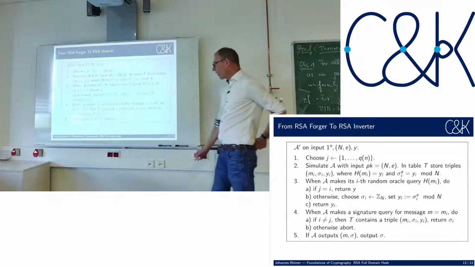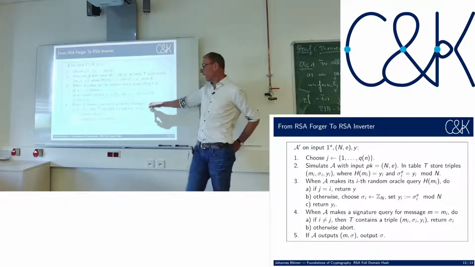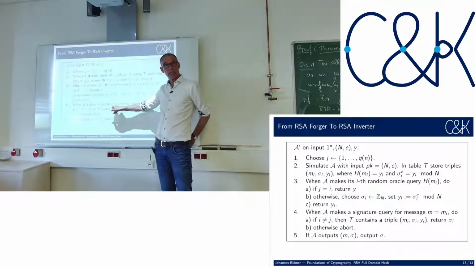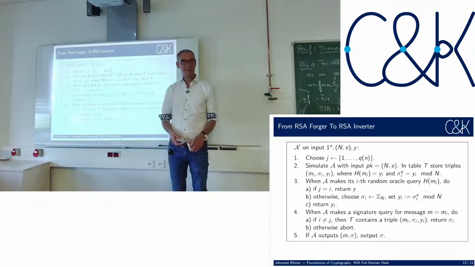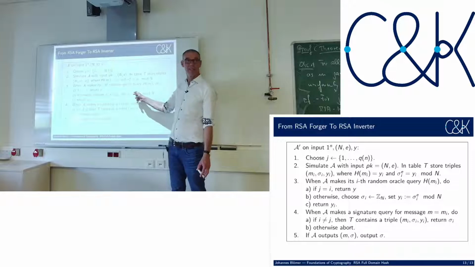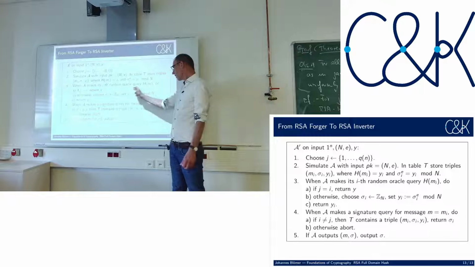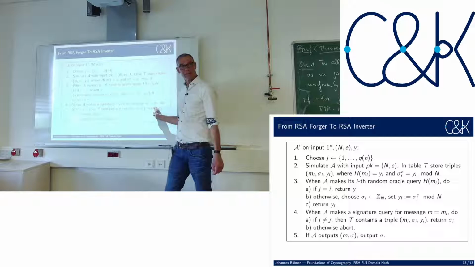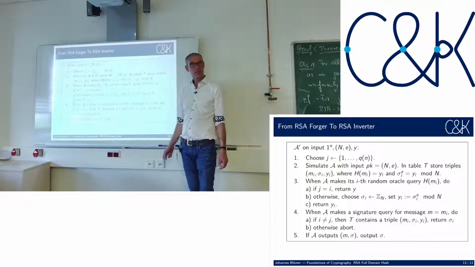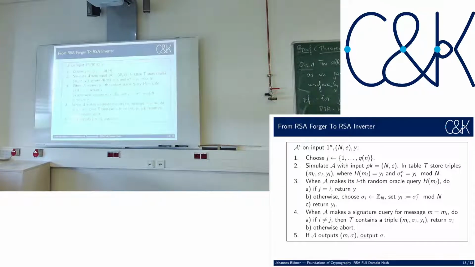Next, observe that if we guess this index correctly, then we answer all signature queries correctly. Because then the sigma to the e is exactly what we want. This is exactly the right signature. Because then we have to make sure that this h of m, where we have this equation with h of m.